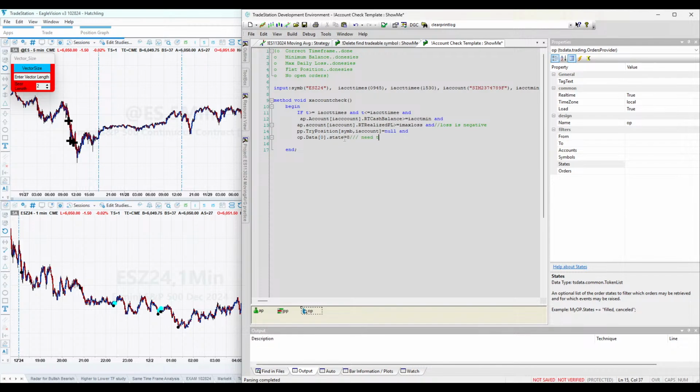We need to update this. Okay, all right, if all these are true, then I'm gonna put a flag safe to trade equals true. That's all we're doing today.